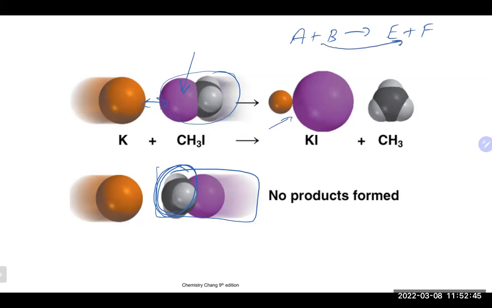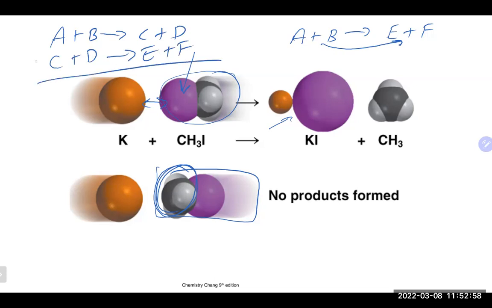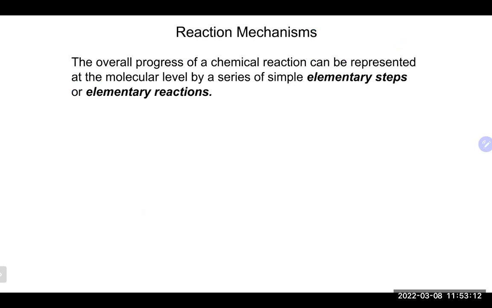Sometimes it happens in multiple steps along the way. So for example, maybe A plus B made C plus D, then C plus D came together to make E plus F. If you add these together, you can cancel out whatever is on opposite sides, and we get the overall reaction we're looking for. So not all reactions are a one-step process. Sometimes they happen in multiple steps.